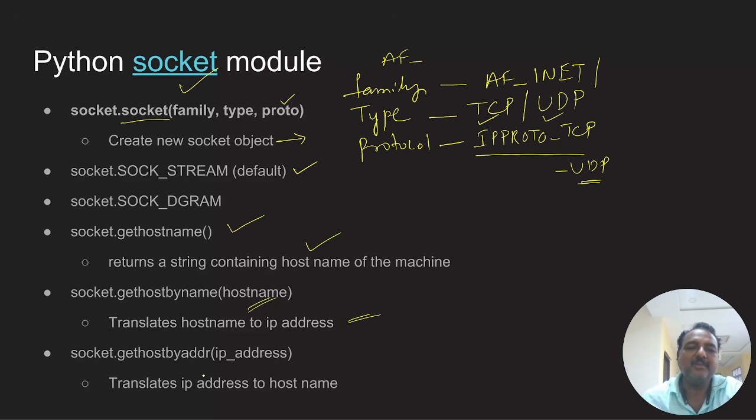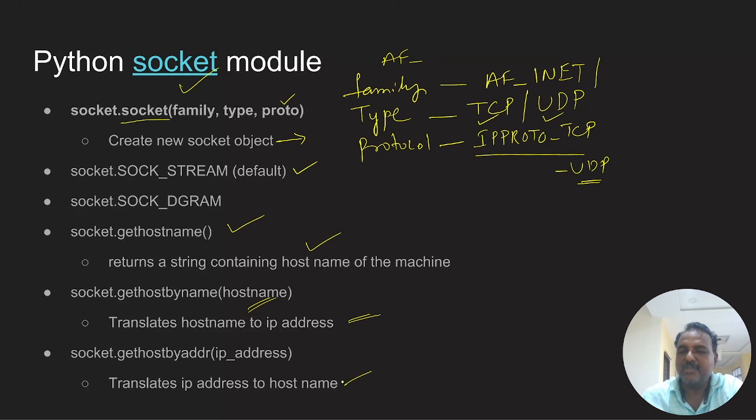We also have one more very interesting function called get host by address. What it does is it translates an IP address to a host name, where the host name will be in the form of a string.